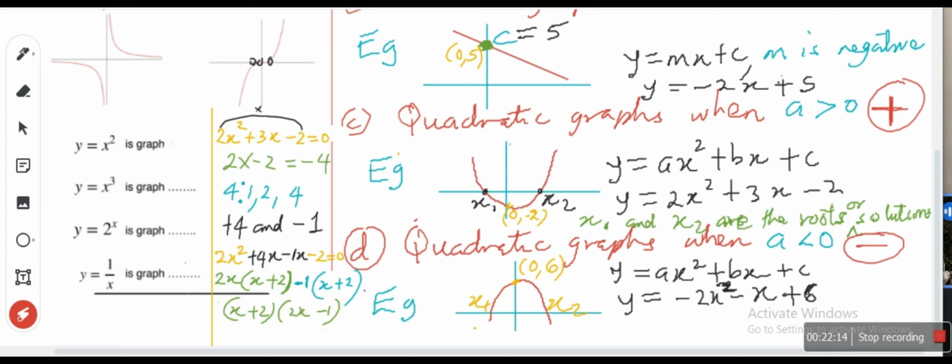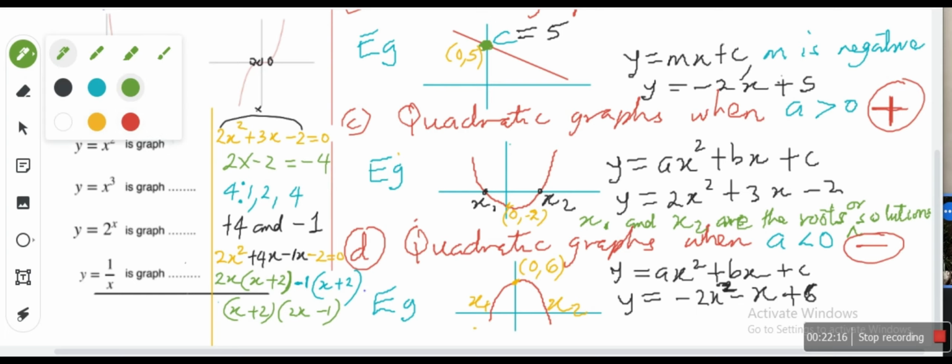So with this we can just solve. x plus 2 equal to 0 means x is equal to minus 2.